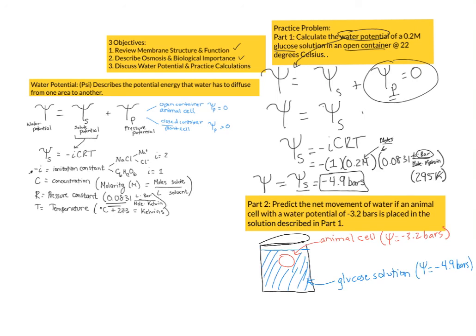That's because we look at those values. Negative 3.2 is a larger value than negative 4.9. So with that in mind, water is going to move out of the cell to the area where there is lower water potential. So water will move out of the animal cell.